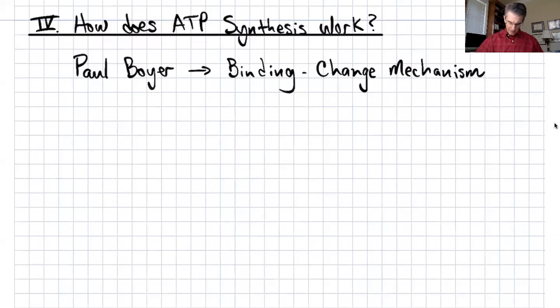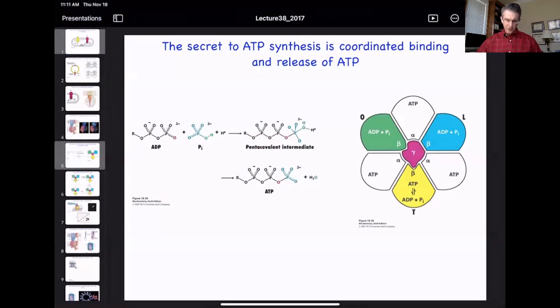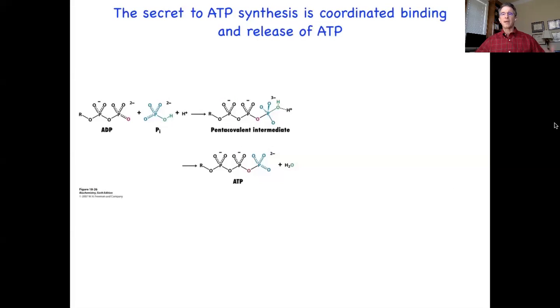And the way to understand this is to recognize a couple of things. The first is that getting a p-loop NTPase, of which the F1 is a member, to bind this pentacovalent intermediate transition state, which we talked about before in the hydrolysis of ATP, getting hydroxyl to attack that phosphate to generate this pentacovalent intermediate with all this negative charge, right?